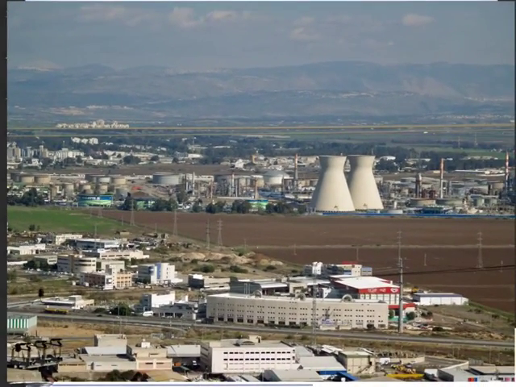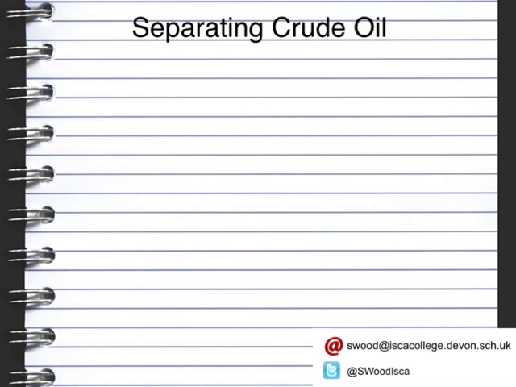Now at the oil refinery we can go through the separating process, and we can take the crude oil, which is that black, sticky, thick liquid, and make it into more useful products. Now separating crude oil is extremely important.